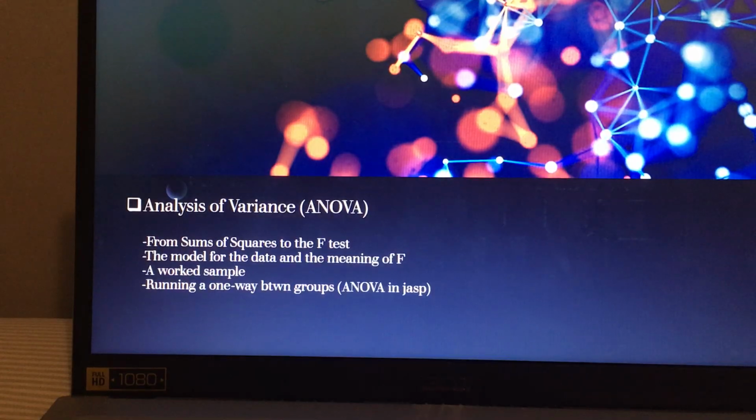then both the MSB and the MSW are estimators of the variance of the residuals epsilon ik. So if those residuals are normally distributed, you might expect that the estimate of the variance of epsilon ik is chi-square distributed, because that's what a chi-square distribution is.